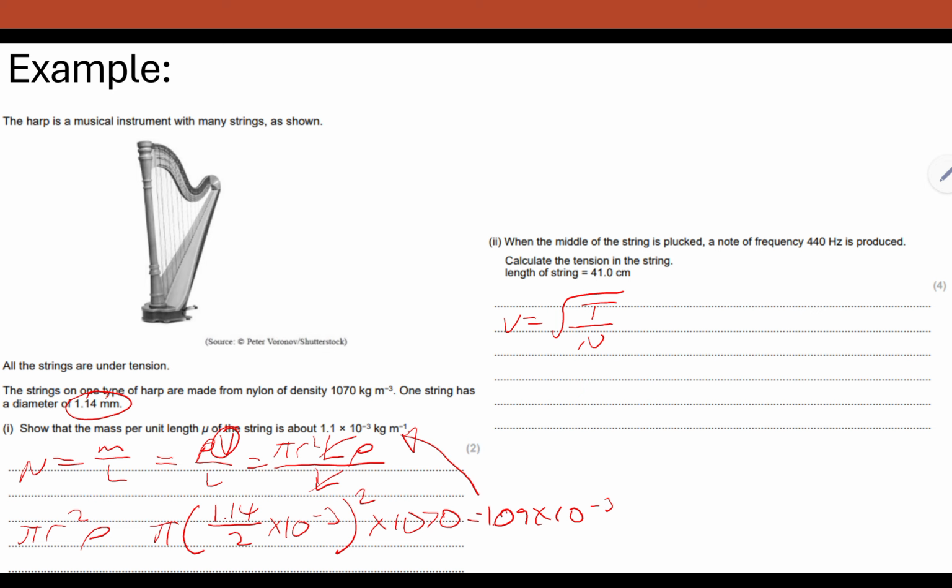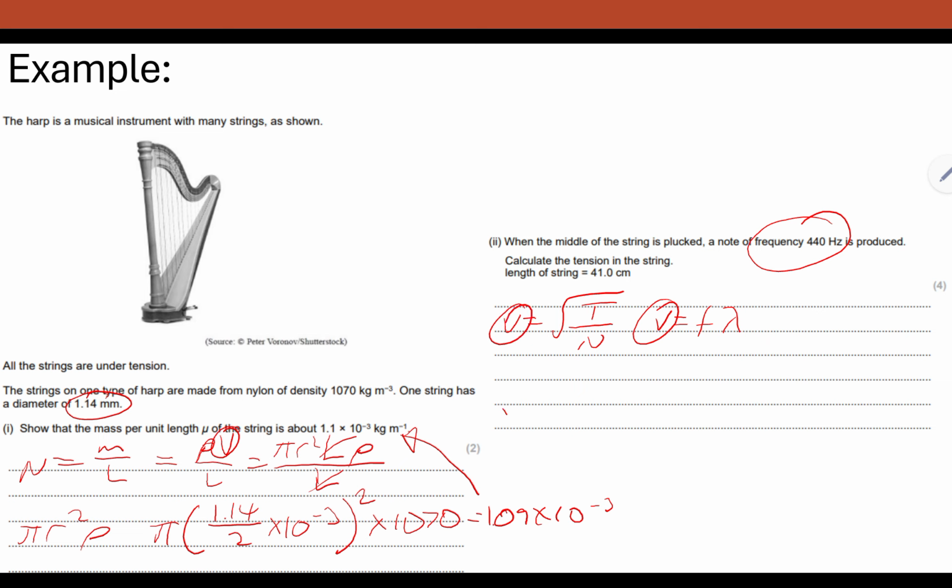And because in this question we have the frequency, but we don't have that here, we use another formula, which is v equals f multiplied by lambda, where f equals frequency and lambda equals wavelength. Because they are both equal to v, we can make them equate to each other.